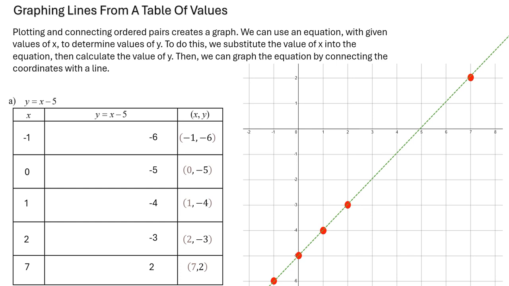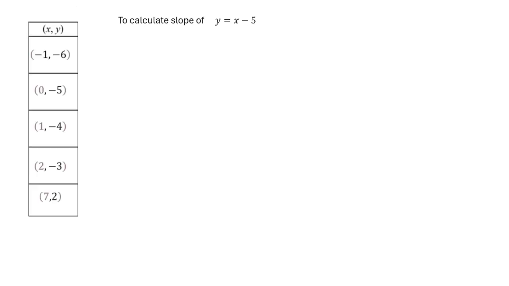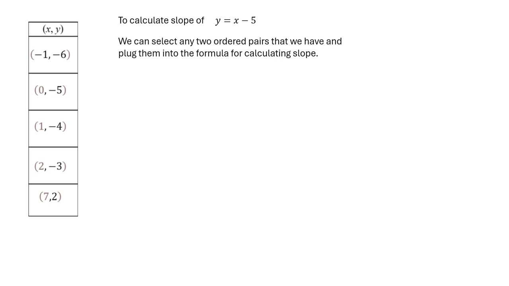Let's take the values from our table and use them to calculate the slope of this equation, y equals x minus 5. We can select any two of these points. We'll choose (0, -5) and (1, -4).